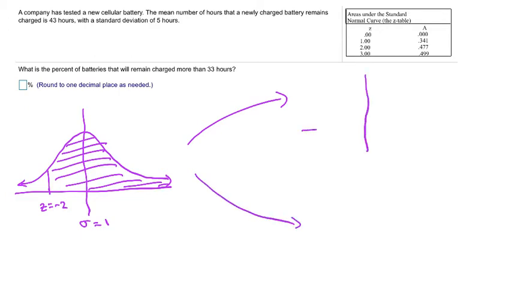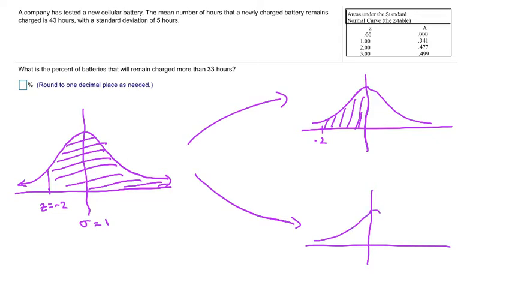One area where we are in between negative 2 and the y-axis, and then a second area where we are just going to be to the right of the y-axis. Well, for our standard normal distribution, we know that because we're symmetric around the y-axis, the area here is just going to be 0.5, because our total area underneath the curve is going to be 1. And so half of that's going to be 0.5.